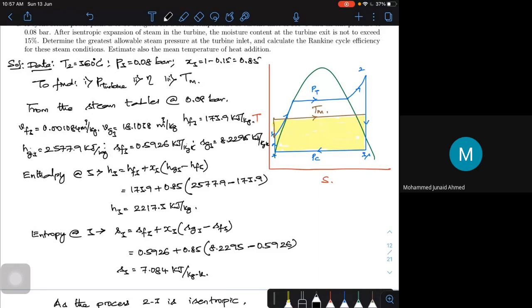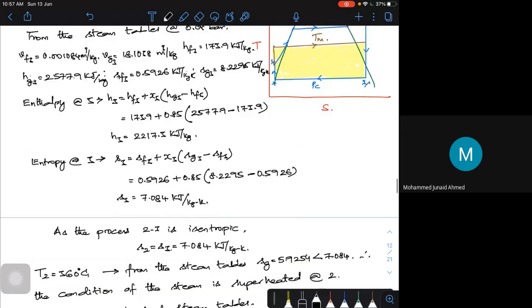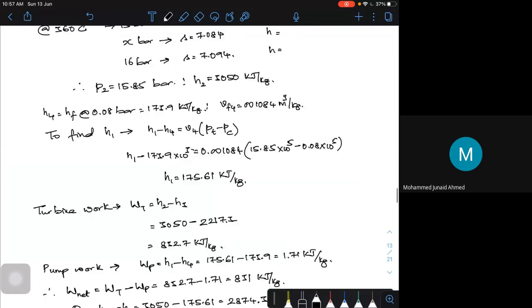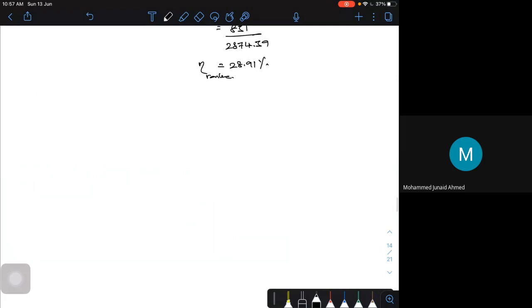To find the mean temperature of heat addition, I'll just use the TdS equation. For the mean temperature of heat addition, this is the formula.